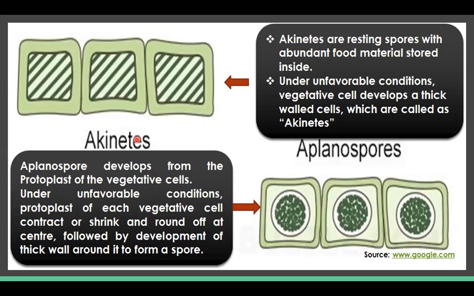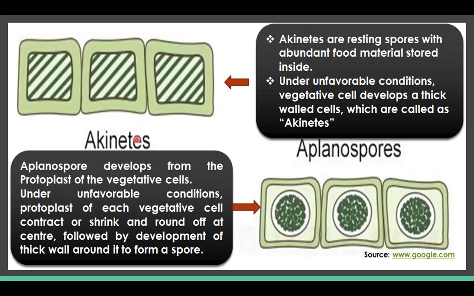They are generally formed under unfavorable conditions when a vegetative cell develops into a round ball-like structure which develops a thick wall around it. So they are known as akinetes.